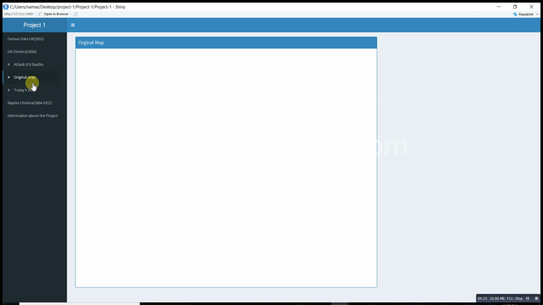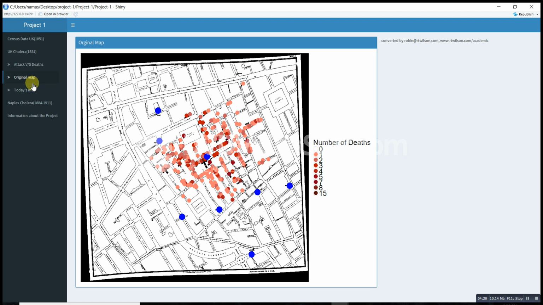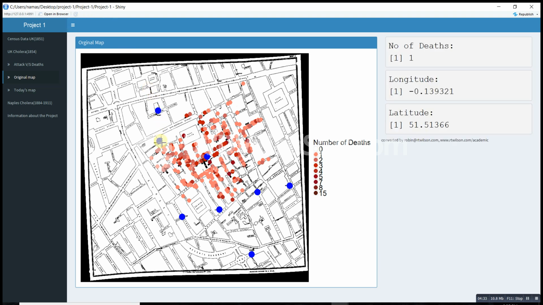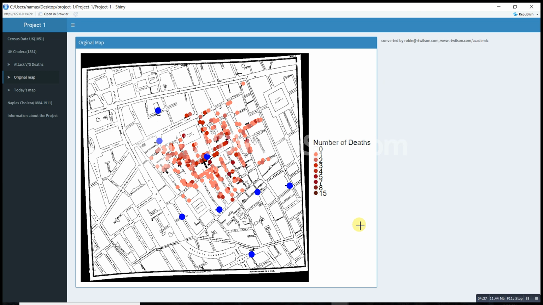This is the original map which was made by John Snow for the UK cholera outbreak in 1854. As you can see, the blue marks over here are the pumps, and the reds are the deaths, and each color coding of deaths shows a different representation of the number of deaths which have occurred.